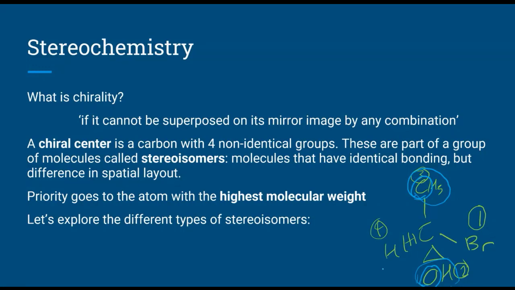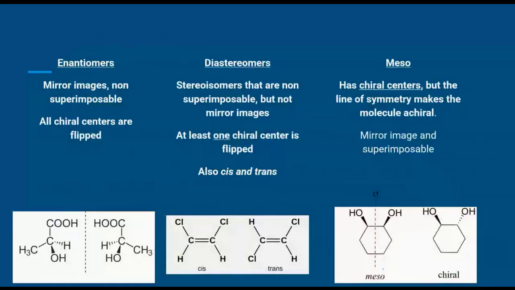So now let's talk about the different types of stereoisomers. We have enantiomers, which are mirror images that are non-superimposable. So what this means is that all chiral centers are going to be flipped. So if we want to draw out the R and S configuration here, we're going to say this is 1, this is 2, and this is 3.